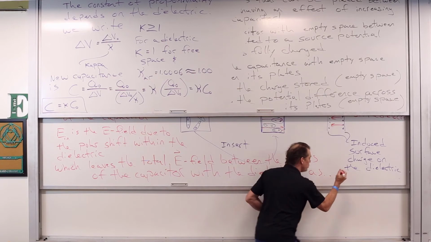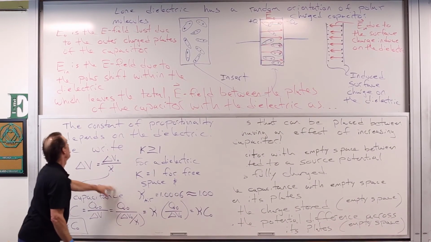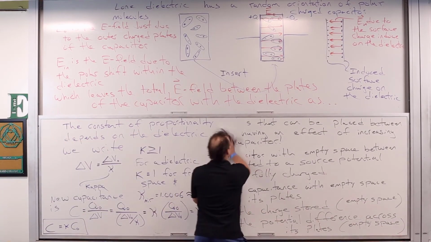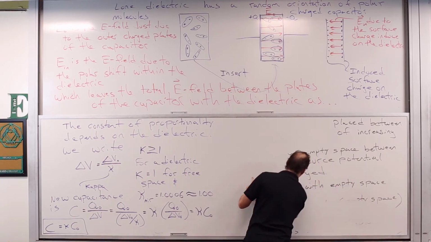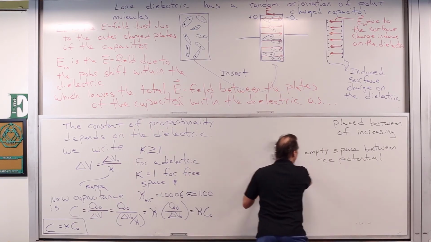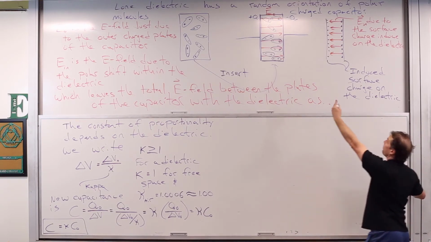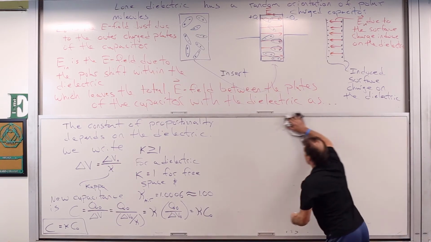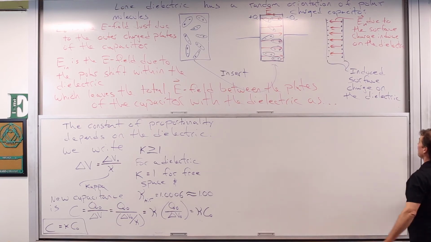as, all right, what is it going to be? It's going to be the vector sum of the individual fields, right? Correcto. So what do we notice? They're in opposite directions. The electric field due to outer plates is that way from plus to minus, and the electric field due to the surface charge densities induced regarding the dielectric is from plus to minus in the opposite direction.